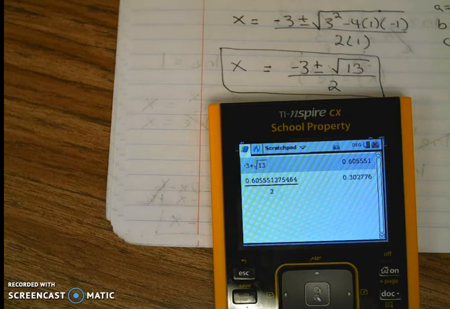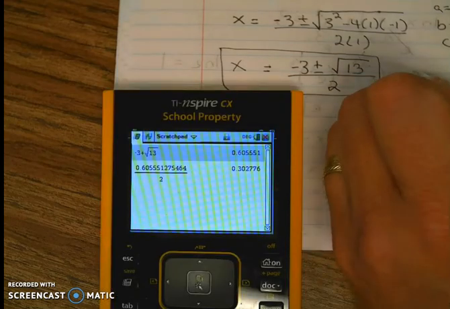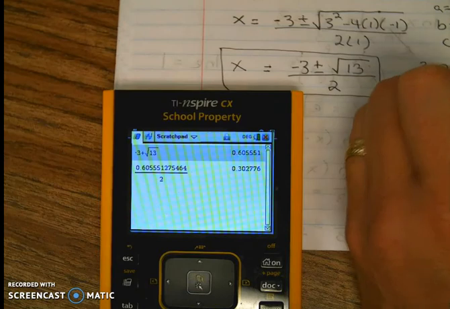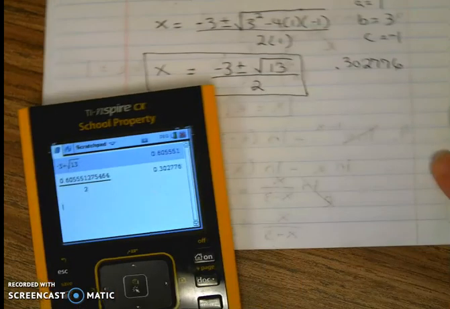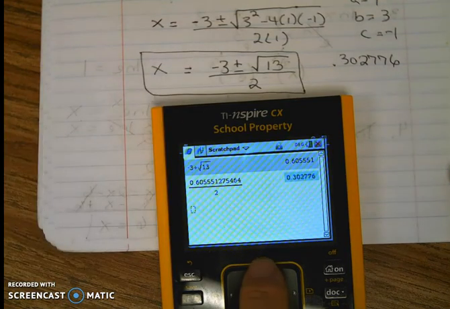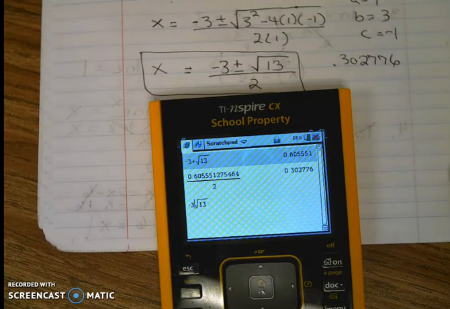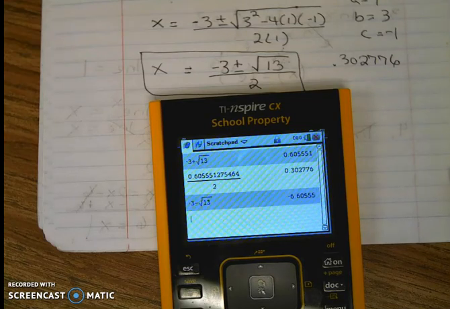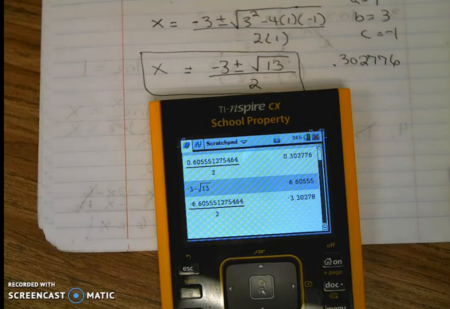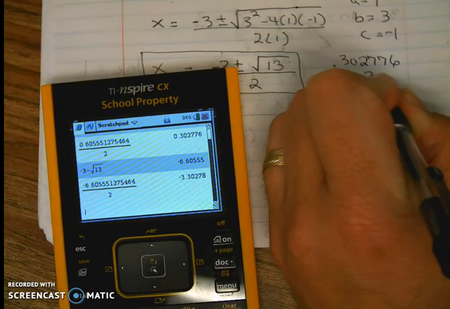So one of the solutions is 0.302776. Okay, that's doing the addition. So then I'm going to go back up here, arrow up, press enter, and change this to subtraction, and divide that by 2. So the other possible answer is -3.30278.